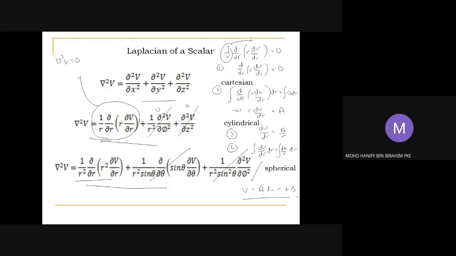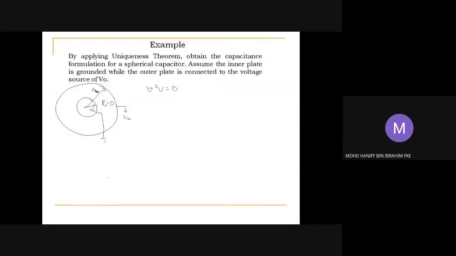We just consider the variation of the potential V with regard to R. So let us rewrite this equation. It simplifies to 1 over R squared d over dr of R squared dV over dr equals 0. If we integrate for the first time, we have R squared dV over dr equals A. Then dV over dr equals A over R squared. And finally, we have V equals negative A over R plus B.